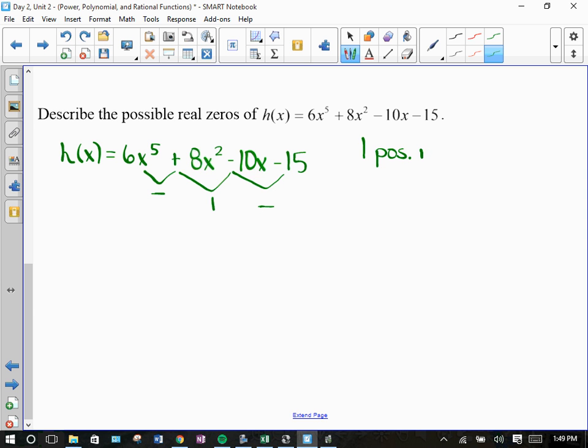Is there any other numbers? Can there be any other possible positive zeros? Why can there not be any other positive zeros?